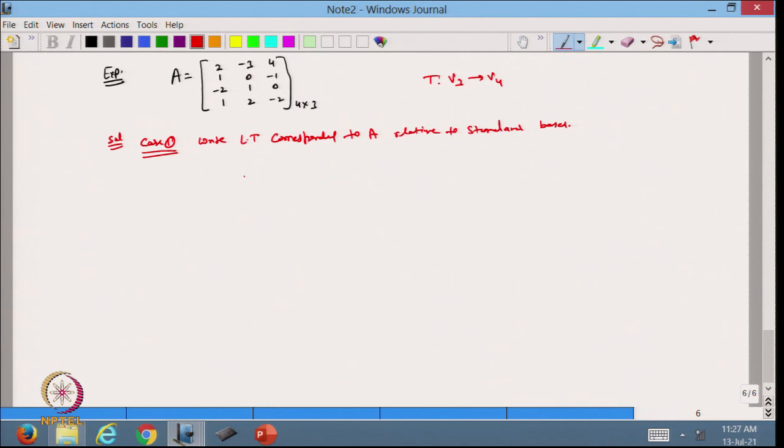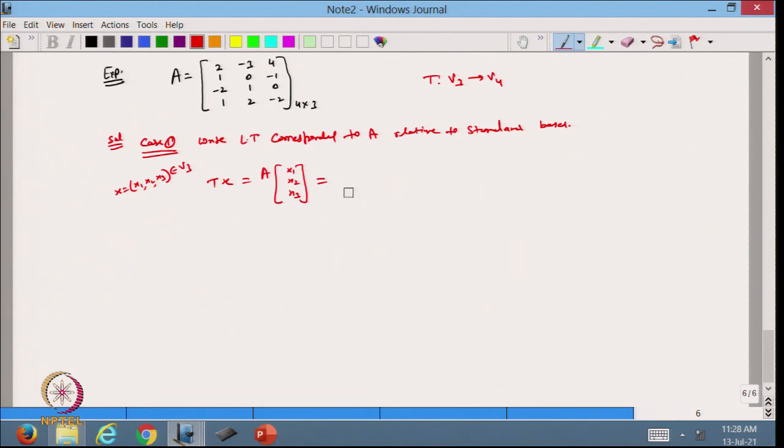So, from here I can write that my matrix A taking the element from V3, that is x1, x2, x3, will be equal to T of x, because I am taking x1, x2, x3 belonging to V3.